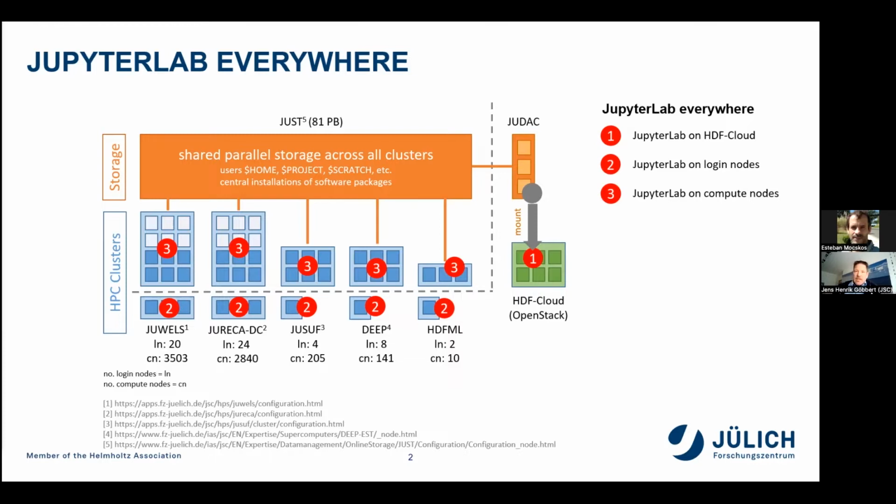At our center in Jülich, we have a big parallel storage across all clusters. You see it as orange at the top, and this is connected to the HPC systems. The big ones, Joules and Eureka, but also smaller ones, Yusuf, Deep, HDFML, so that the user can go from one system to the other and have the same view on their data, independent of the system they are logged into.